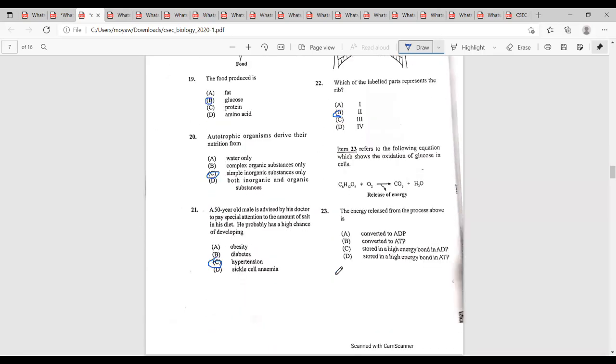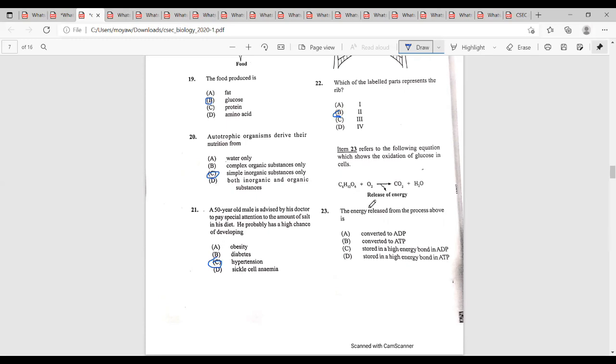23. Items 23 refers to the following equation, which shows the oxidation of glucose in cells, which is just the breakdown of glucose in cells to give us energy, which is simply respiration. The energy released from the process above is, so we have A converted to ADP, B converted to ATP, C stored in high energy bond in ADP, D stored in high energy bond in ATP.